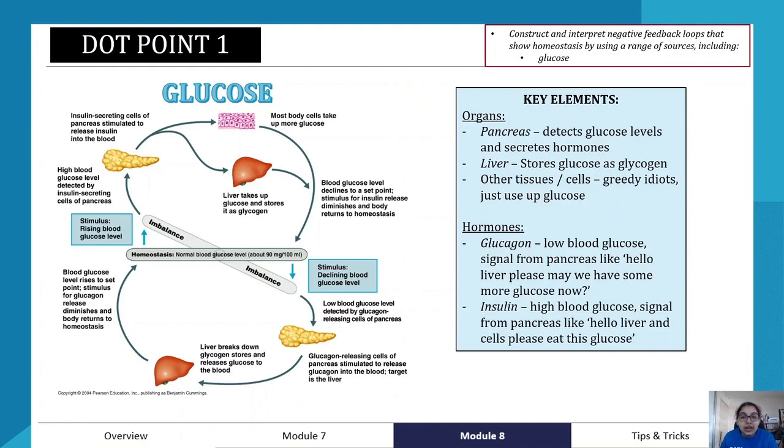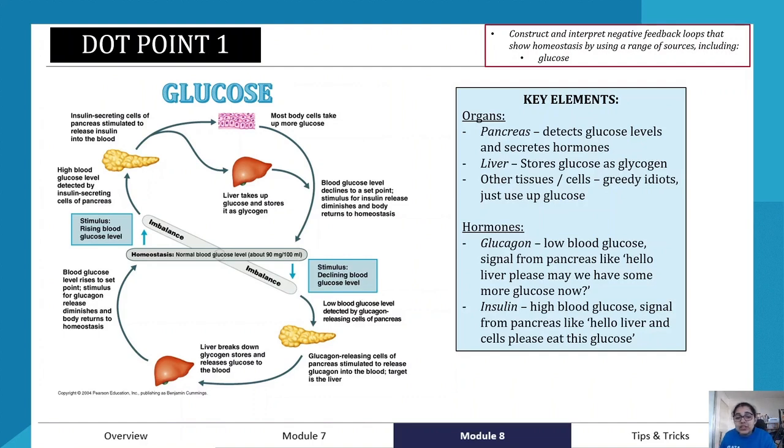And like I said earlier, if the blood glucose levels go below 4 millimolar, that is really bad. So it has to stay in that 4 to 5 millimolar range, because remember, your brain is using a lot of glucose.